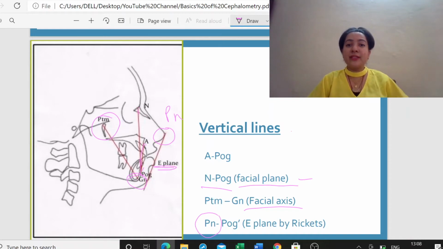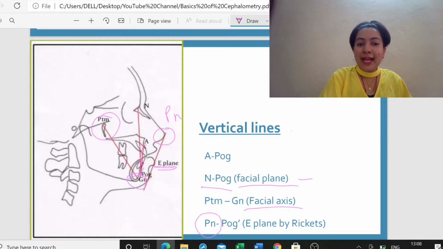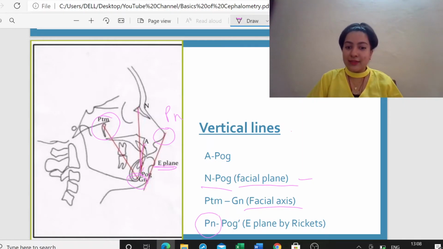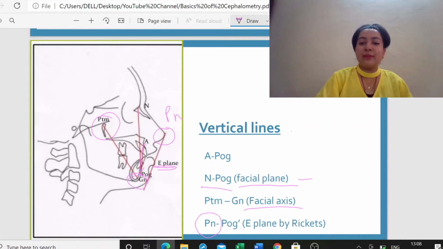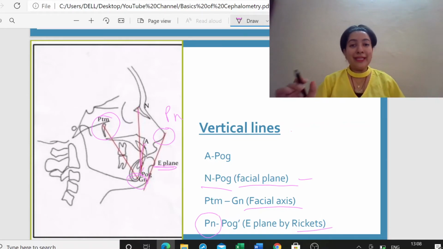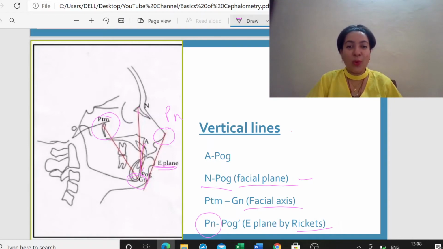The name of this is your E plane. Pogonion dash we all saw. This was hard tissue pogonion and this is my soft tissue pogonion, and these are my vertical lines. And this E plane was given by Ricketts. So each and every author, what did they do?